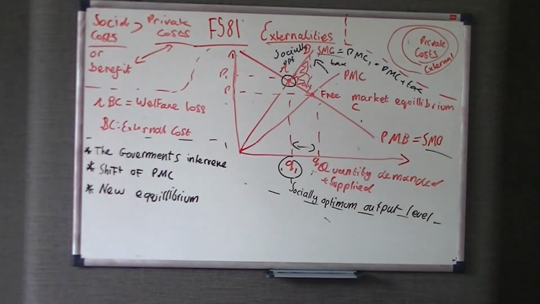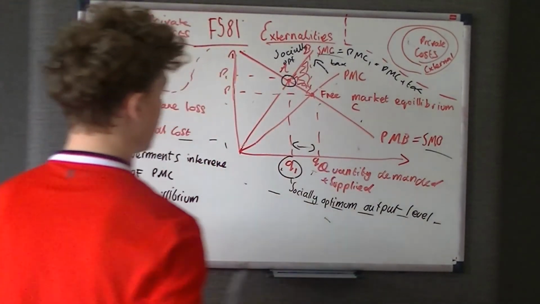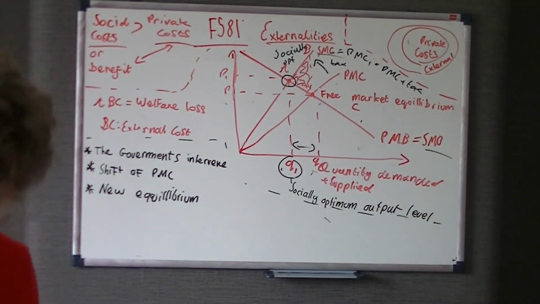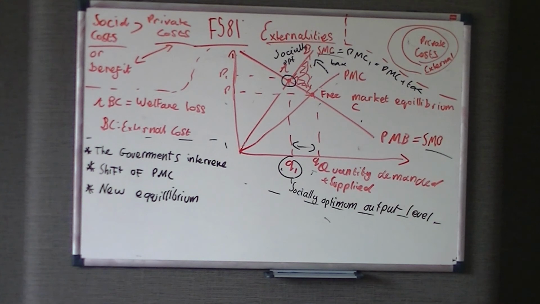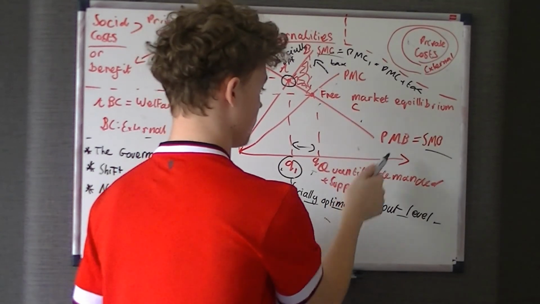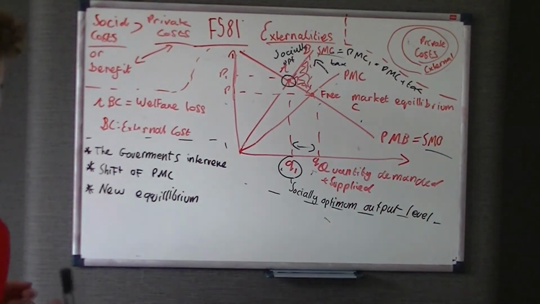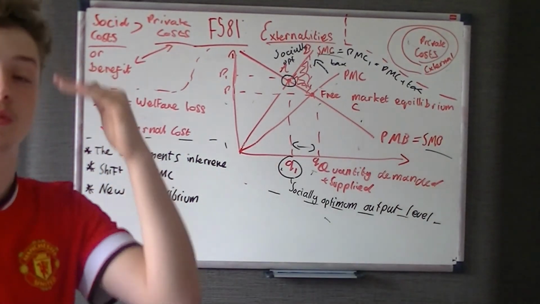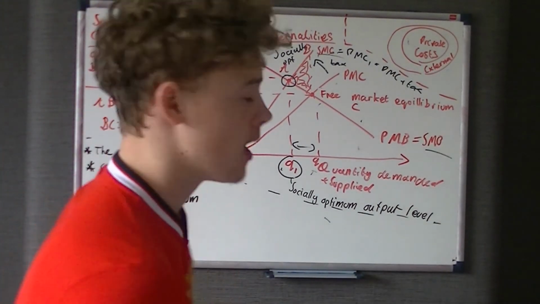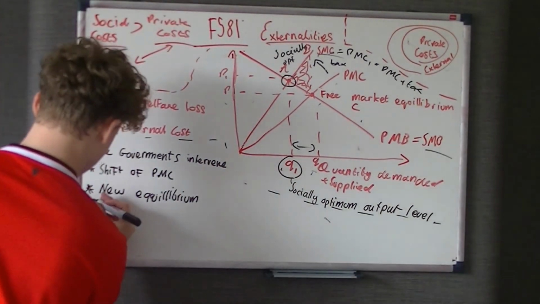So they say the new equilibrium occurs at point A, and this corresponds with the price level P1 and a quantity demanded Q1. This is where the private marginal cost curve 1 intersects the private marginal benefit curve, this original one. So hopefully that's just a basic explanation of where they intersect and what price and quantity demanded it corresponds with.